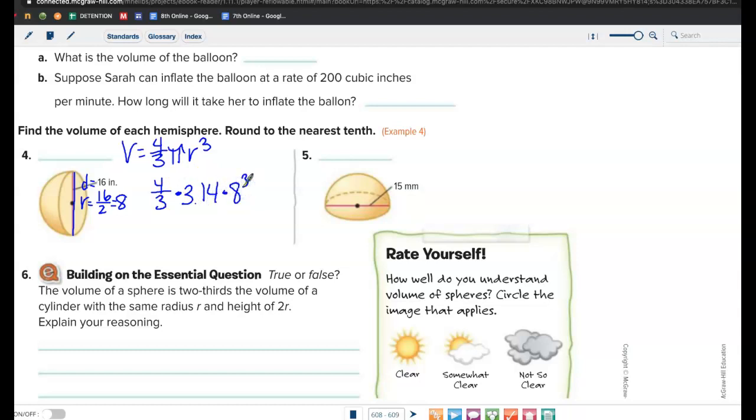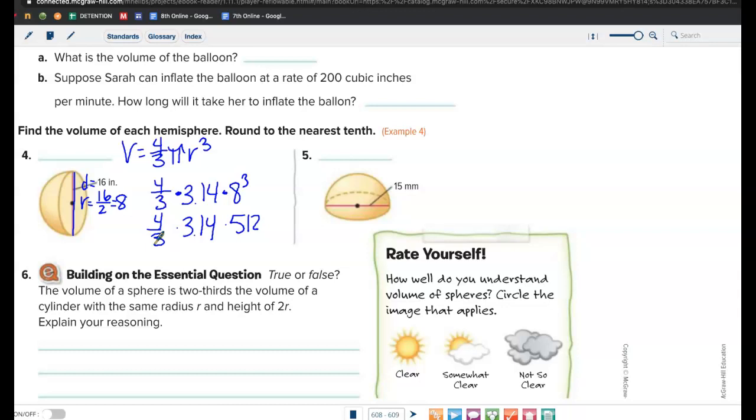Order of operations, I do 8 cubed first, which gives me 512 times 3.14 times 4/3. 4 times 3.14 times 512 divided by 3.